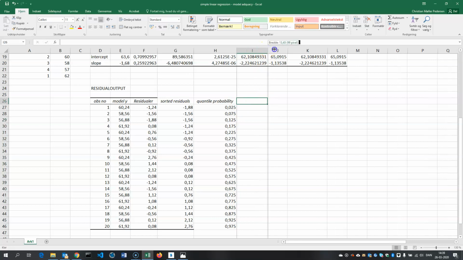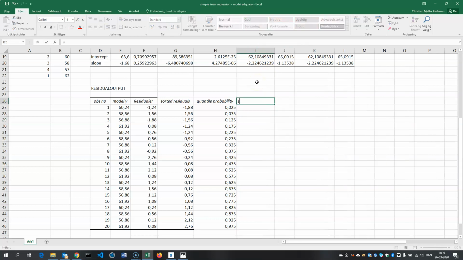And we'll convert these quantile probabilities into standard normal quantiles. So I'll take the norm inverse to get the standard normal quantile. I'll give it this probability, choose 0 for the mean and 1 for the standard deviation. So this gives me the corresponding quantile for a 2.5% probability.